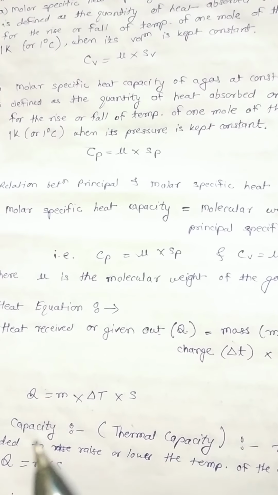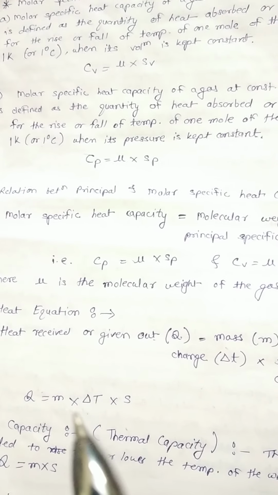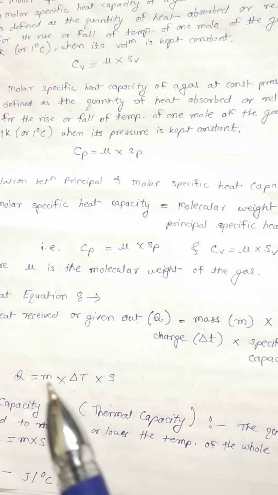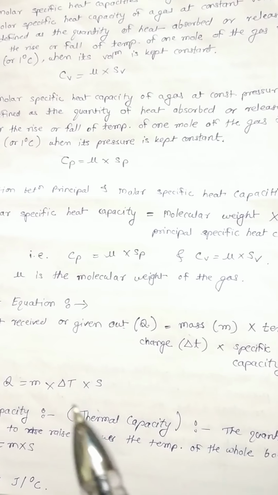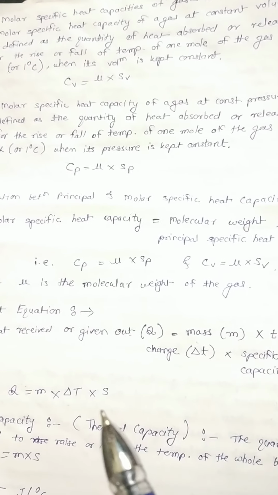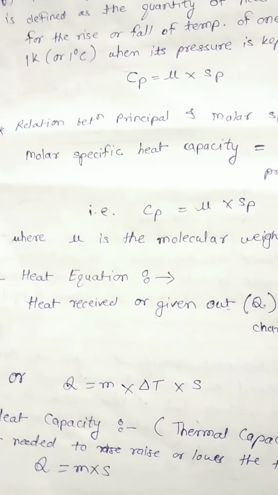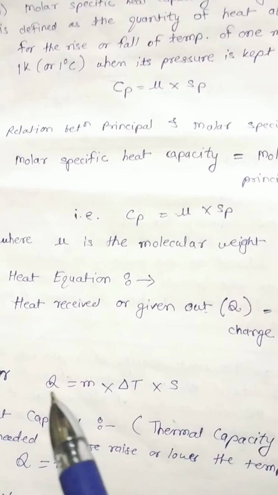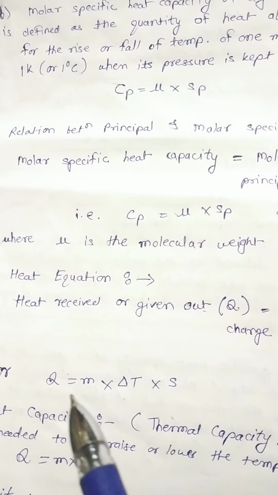So we get the formula Q = m × ΔT × S. Here m is mass, ΔT is the change in temperature, and S is specific heat capacity. With this equation we get the heat, Q.